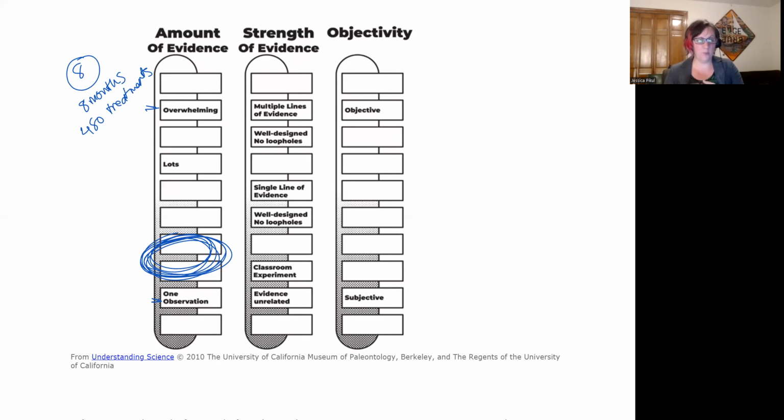And in terms of loopholes, especially here in the beginning, there isn't a lot of talk about what the control was, or whether a placebo was provided to another set of patients to compare. So it has some holes in the experimental design, and the strength of the evidence is going to be down here.